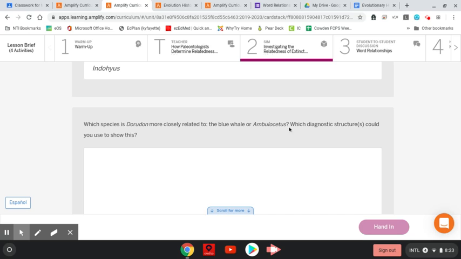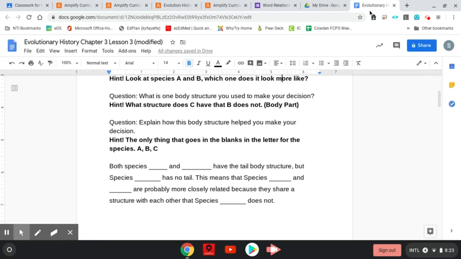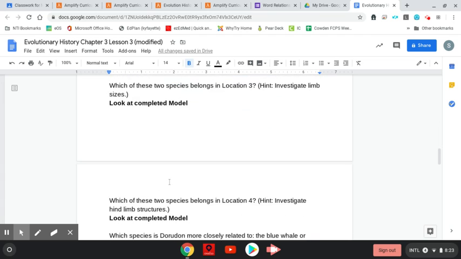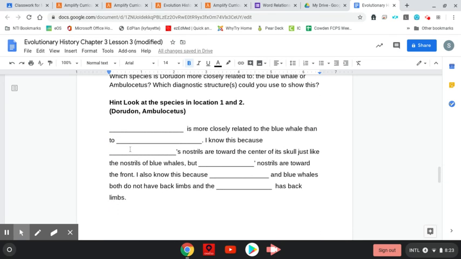The blue whale or this A critter? Which diagnostic structures could you use to show this? So I have a fill in the blank on the document for section 2, and I have put the two names up here, and those are the only words that are going to be in here. So you're going to want to use your screenshot of simulator or refer back to your simulator to fill in these blanks.